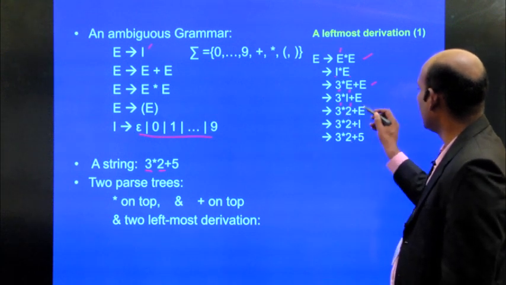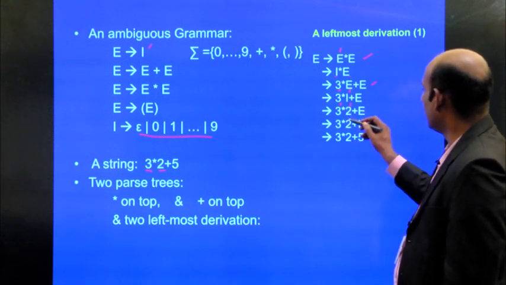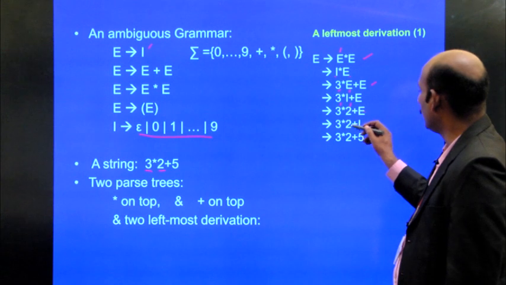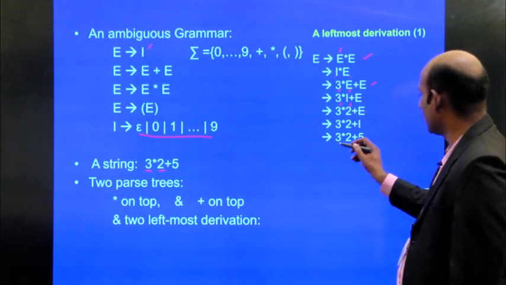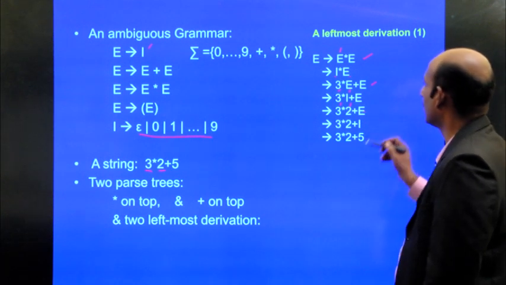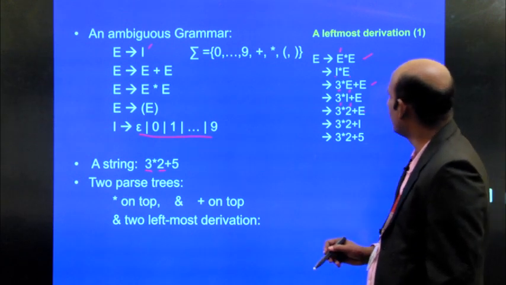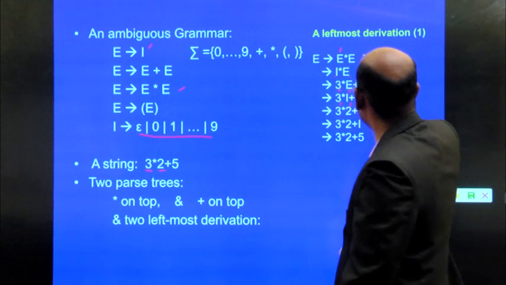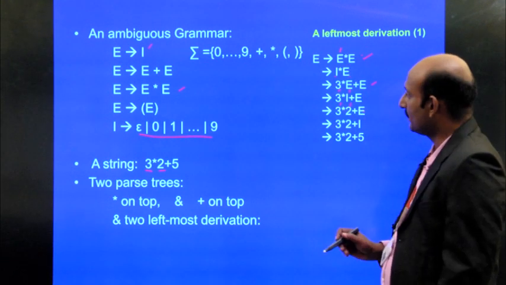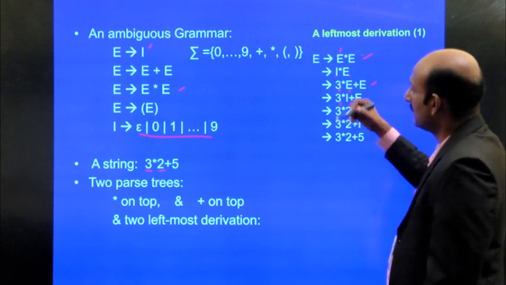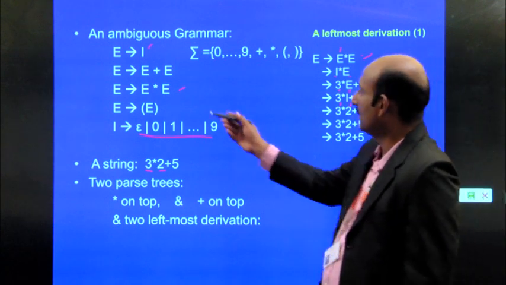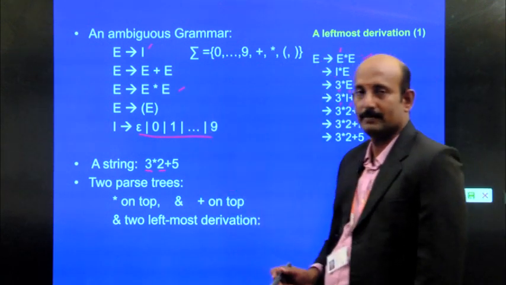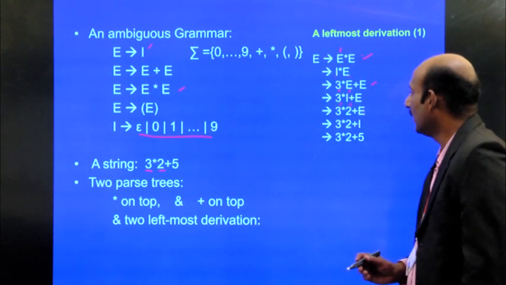So 3 star 2 plus E. Then again 3 into 2 plus I, with I replaced. So we have taken the production E star E first here. Instead of that, we may take some other production, like E plus E. We may take E plus E.